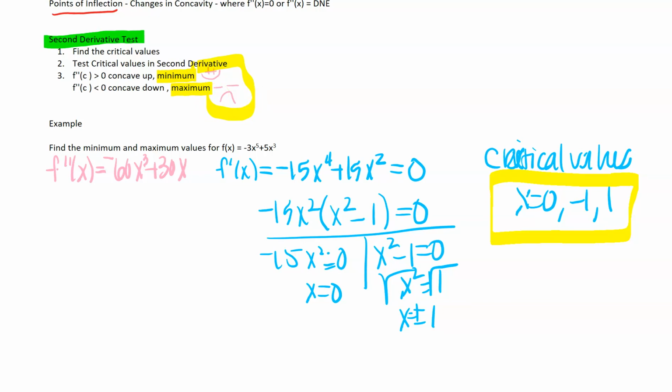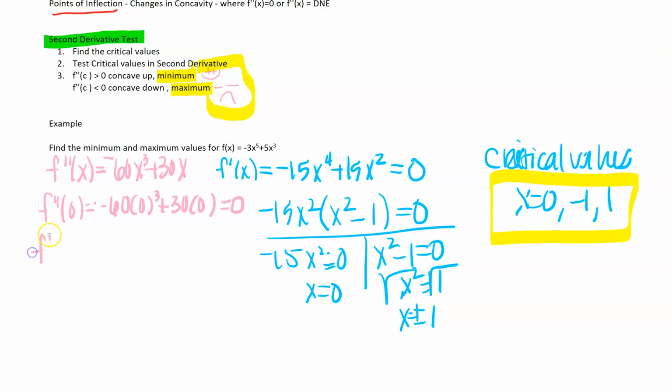And so I'm going to say f double prime of 0, that would be equal to negative 60 times 0 cubed plus 30 times 0, and that's just going to give me 0. So that's not very conclusive. We'll have to resort back to the first derivative test.